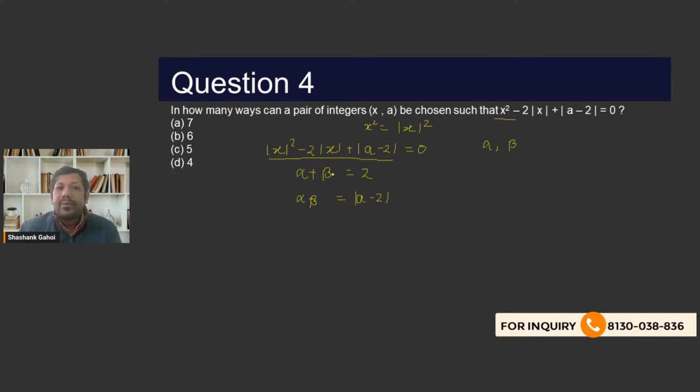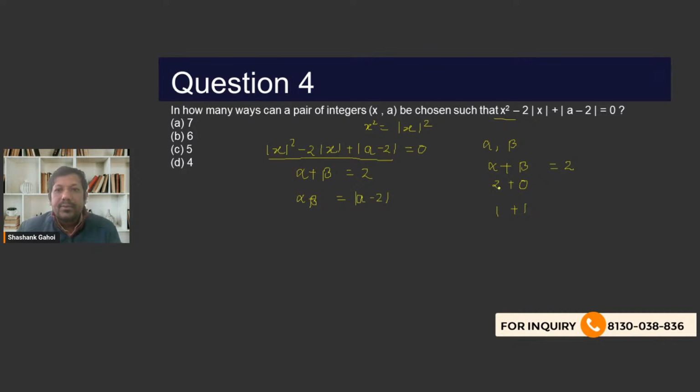Okay, so if sum of the roots is 2, then alpha plus beta can be 2 plus 0. That is one possibility. Second possibility can be 1 comma 1. There is going to be no third possibility.